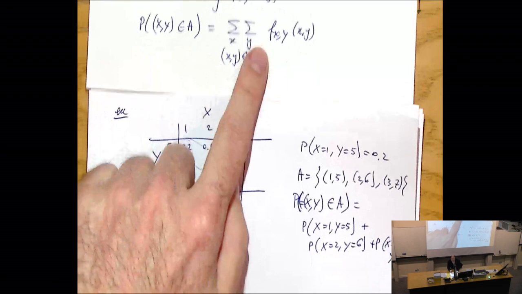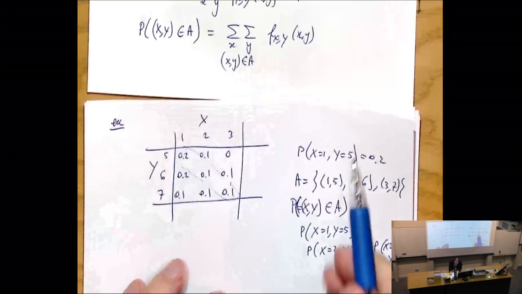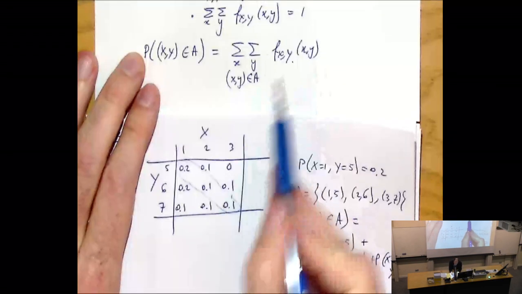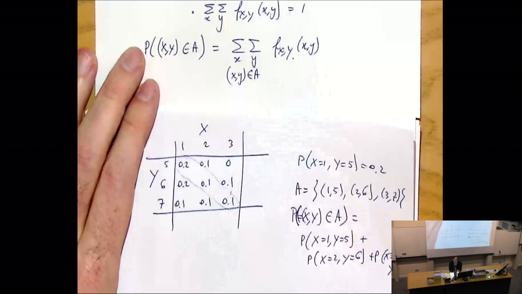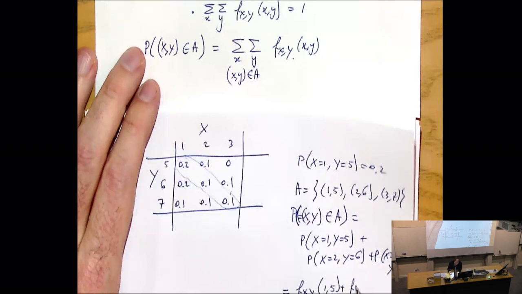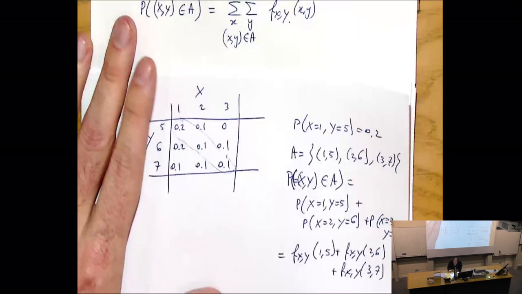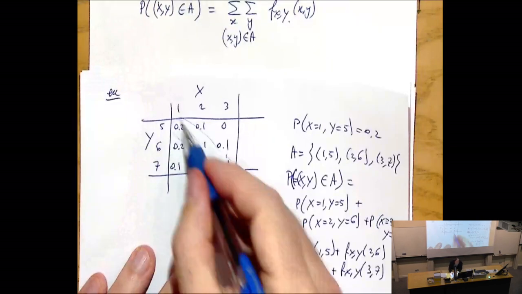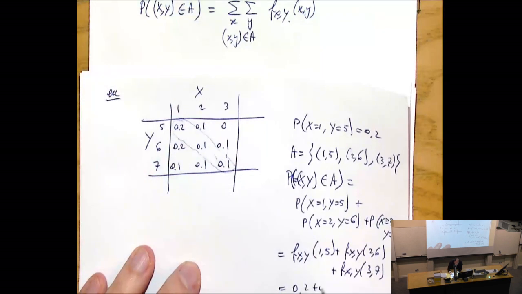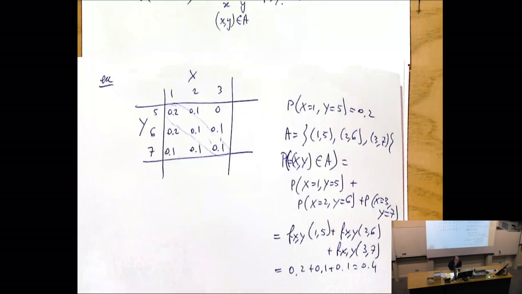So essentially I'm summing my PMF over this specific domain. I can write this differently: this is F of XY evaluated at (1,5) plus F of XY evaluated at (2,6) plus F of XY evaluated at (3,7). This is the sum of those three entries, 0.2 plus 0.1 plus 0.1, that's 0.4. Okay, that shouldn't be a major problem.